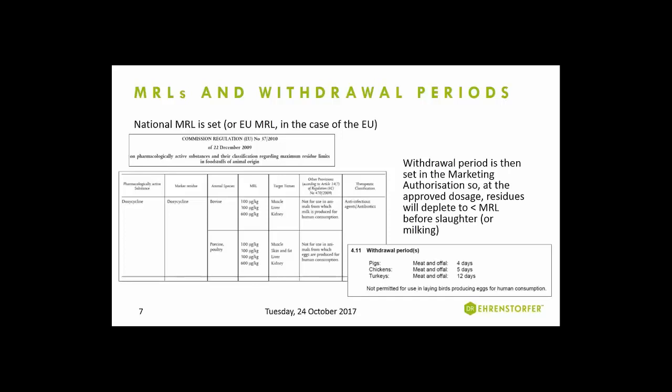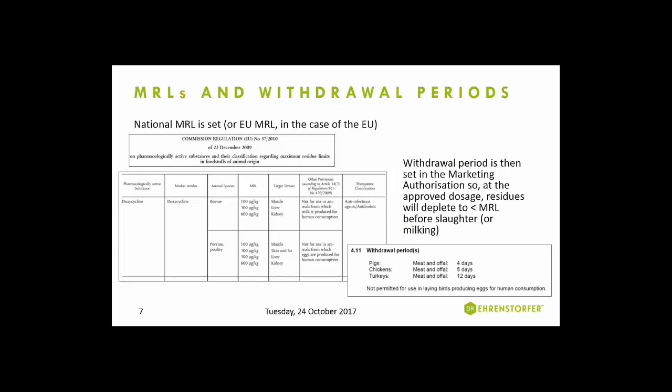So these MRLs are then enacted into national legislation, or in the case of the European Union, into Commission legislation. So, for doxycycline, there's a limit of 100 micrograms per kilogram in poultry muscle.